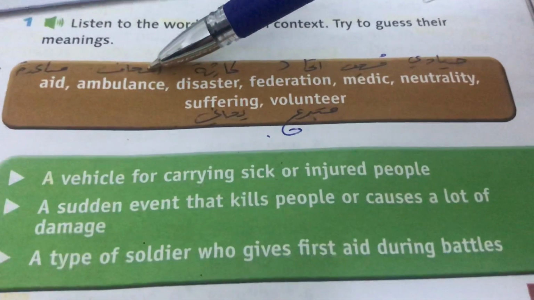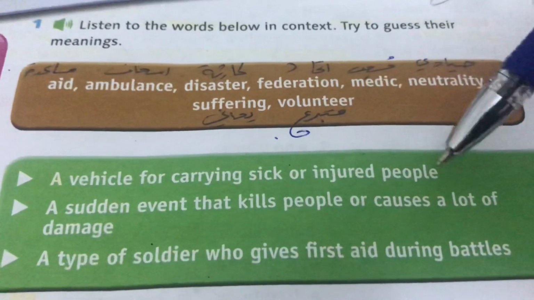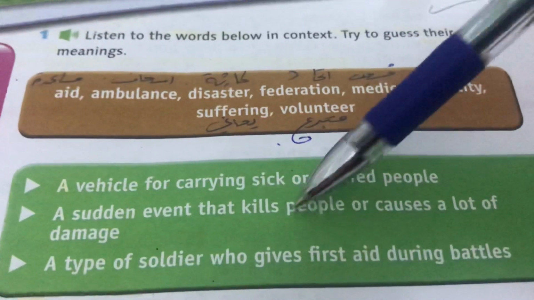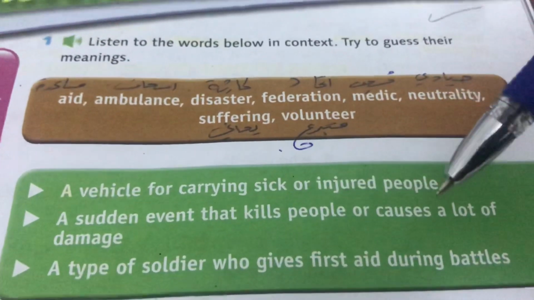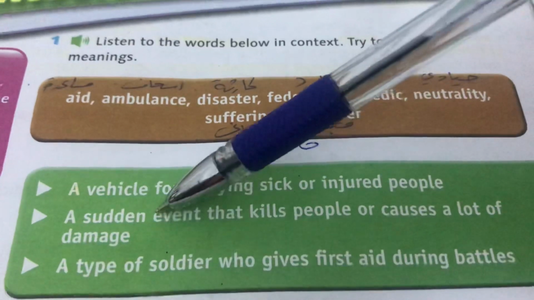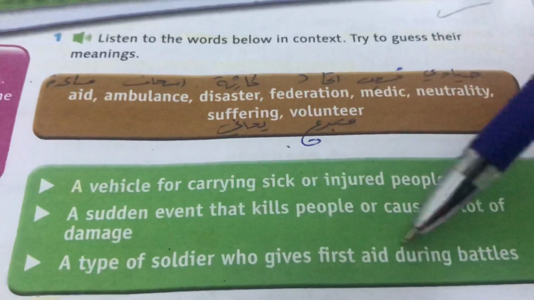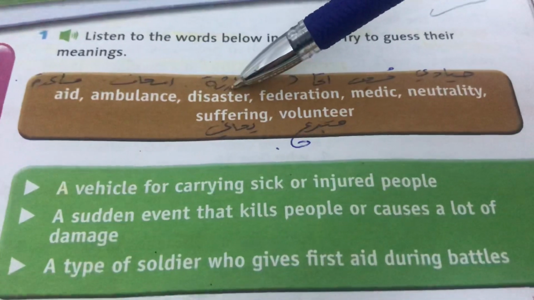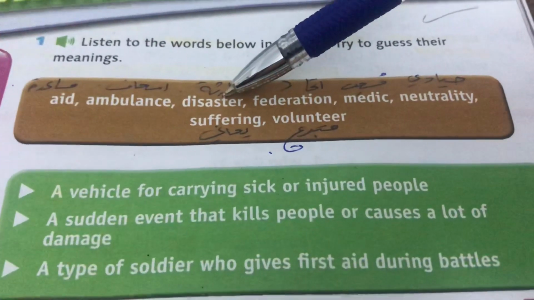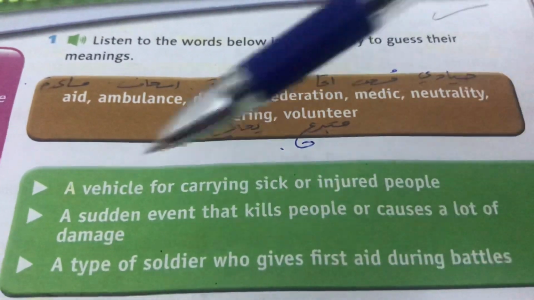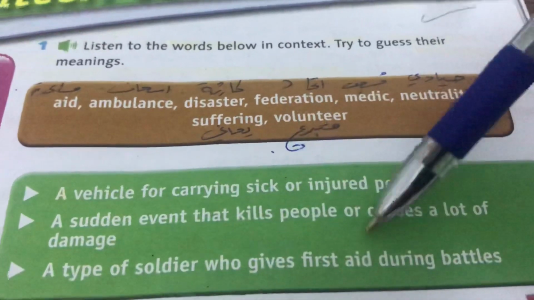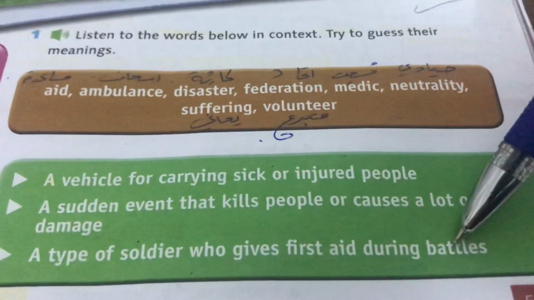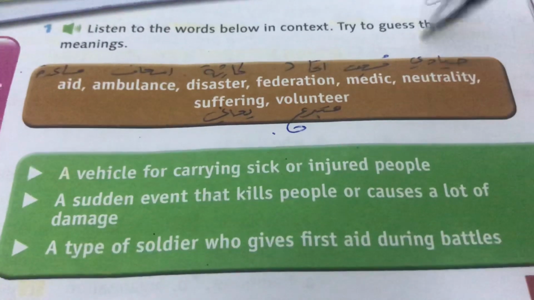Number 2. A sudden event that kills people or causes a lot of damage. That is disaster. A type of soldier who gives first aid during battle. The soldier who gives first aid in wars is the medic.